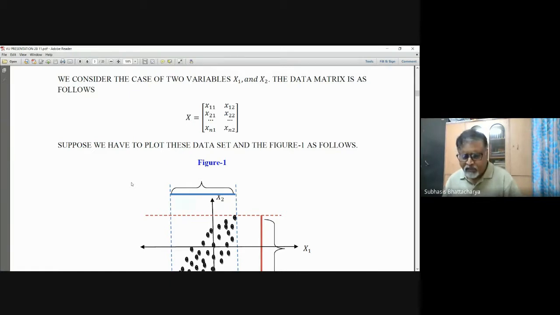Then what will you do? It is not possible for you to run the multiple regression. So you will try to remove those variables which created the multicollinearity problems. This is the general process we follow in multiple regression. There are several processes for the removal of multicollinearity, but that is not discussed here.